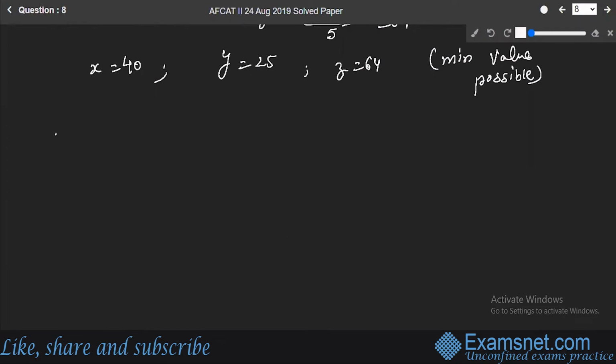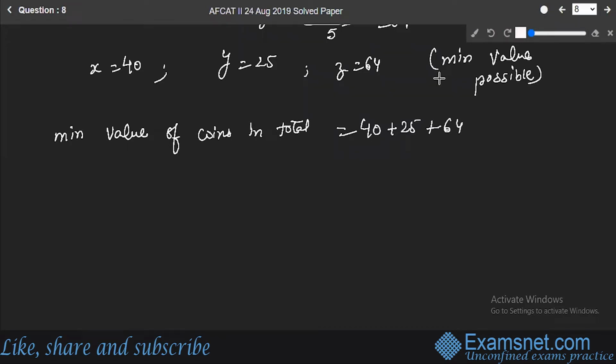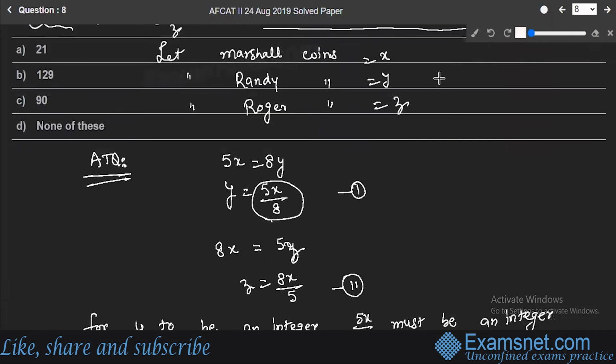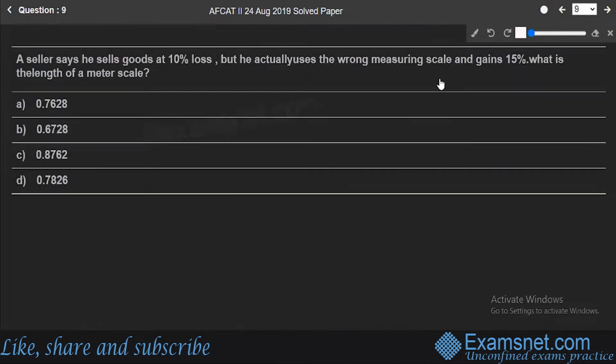So the minimum value of coins in total is 40 plus 25 plus 64, which will be equal to 129. So this is your answer. Let's check out the options. Option B is the correct answer to the question. Hope this is clear. Let's move to the next question.